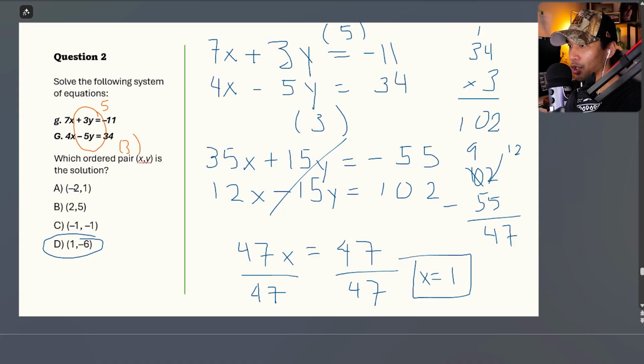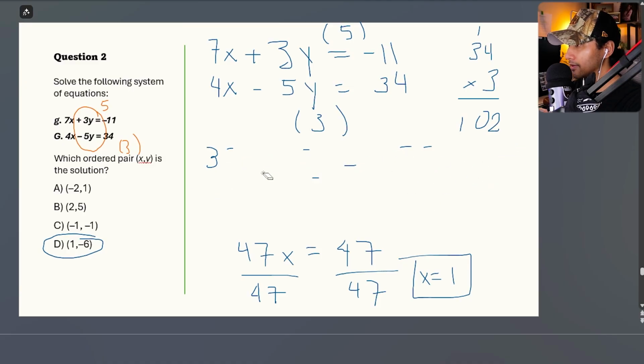A has negative 2, B has 2, C has negative 1, and D has what we're looking for, x equaling 1. If you're really confident with your math, I would just choose D and move forward, because there are harder problems to solve. But for the sake of the video, we're going to plug in that x.